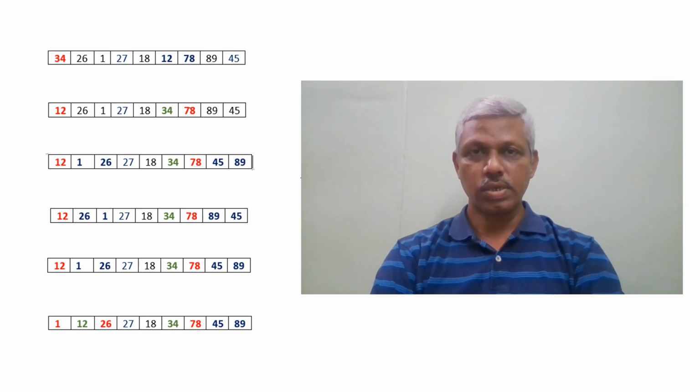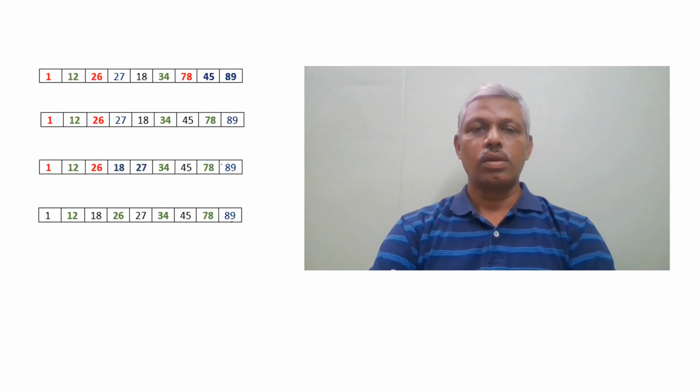So we got two more subarrays in this case. Now 12 has found its place, 34 has found its place, and these two are dividing the array into subarrays: a subarray consisting of only a single element 1, a subarray consisting of 26, 27, 18, and a subarray consisting of 78, 45, and 89.